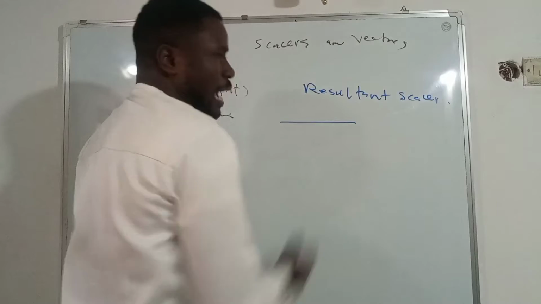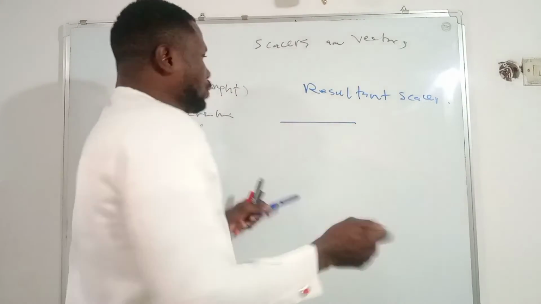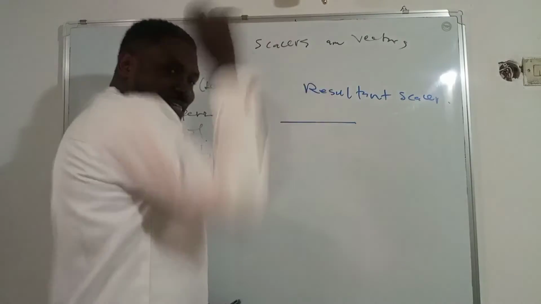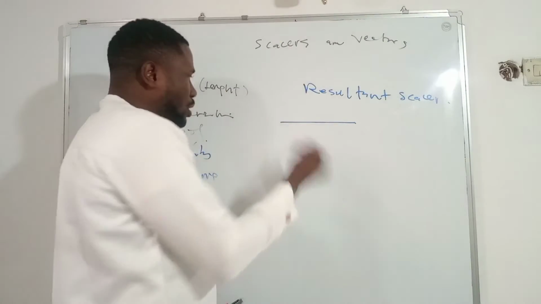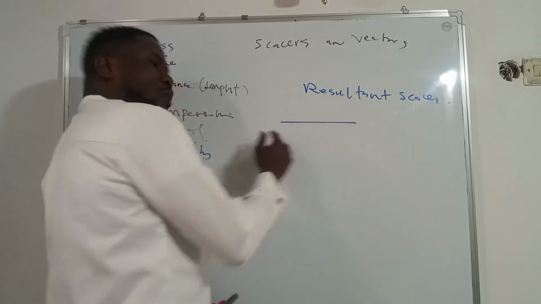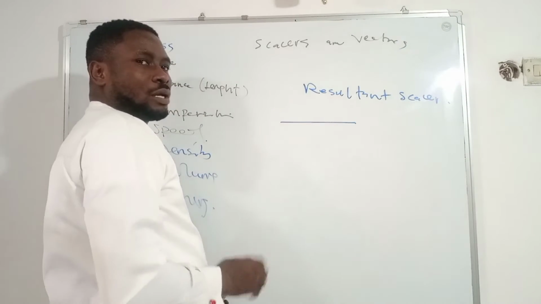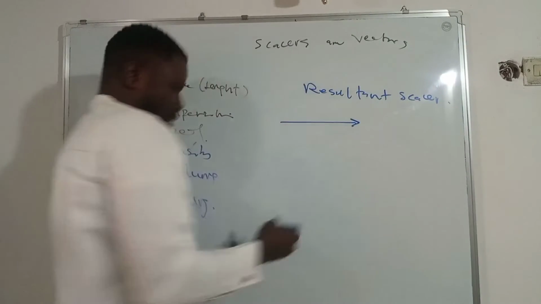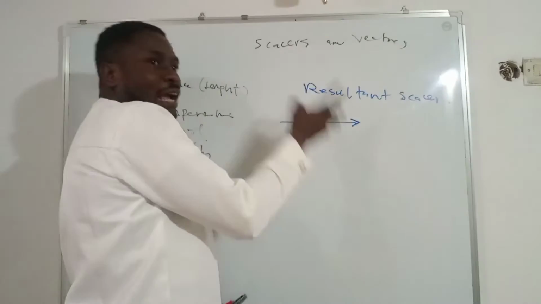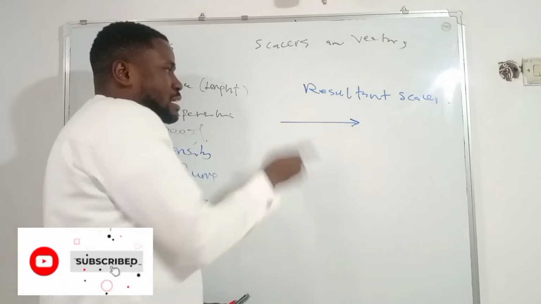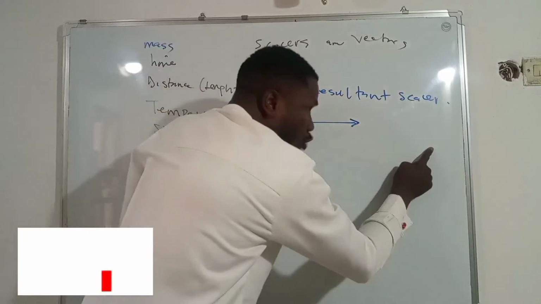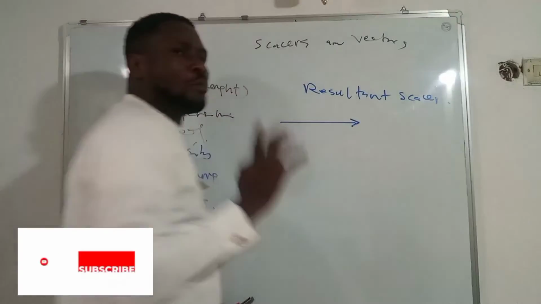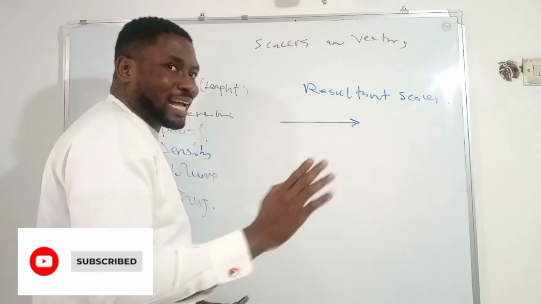Supposing we have this line and you use your meter rule to measure it. Because there is no specific direction, you may decide to measure either from here to here or from here to here. If they specify a direction, for instance if I indicate it with an arrow, I must start to measure from here this way. Whatever I measure is no more distance. It will be displacement, and that is a vector.